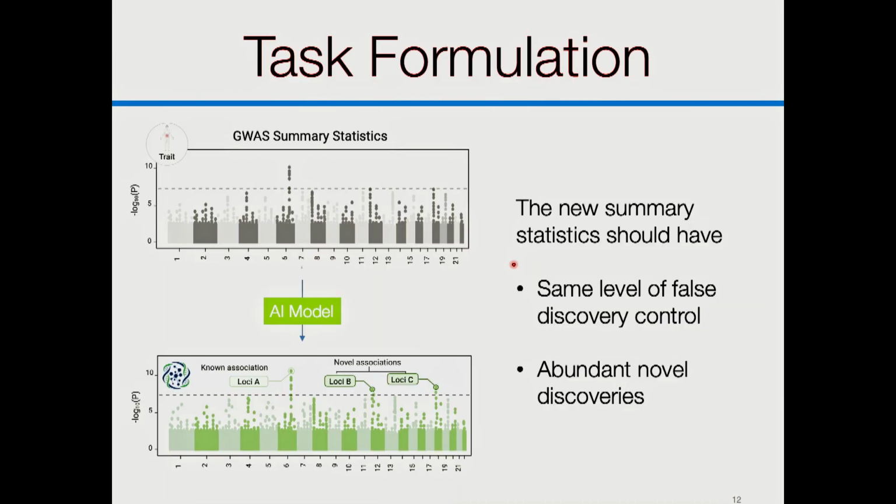So just to be concrete, for the AI task, what we aim to do is take in GWAS summary statistics. We have an AI model that can produce new summary statistics, where we produce new p-values for each variant, and these new p-values should have the same level of false discovery control, and ideally should have abundant novel discoveries, especially in the small cohort regime.